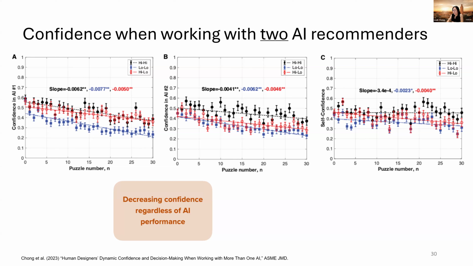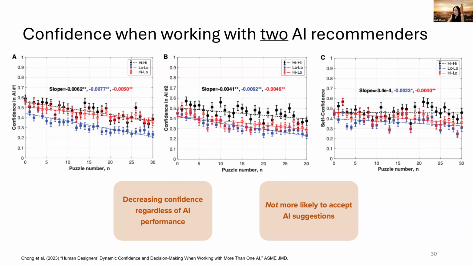And as you can see, if we add a second AI, which might be a little bit too much of a mental burden for them, they're not keeping track of their performance as well as in the first study where there was only one AI recommender.